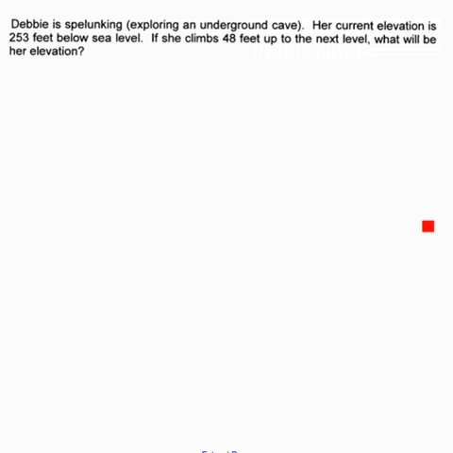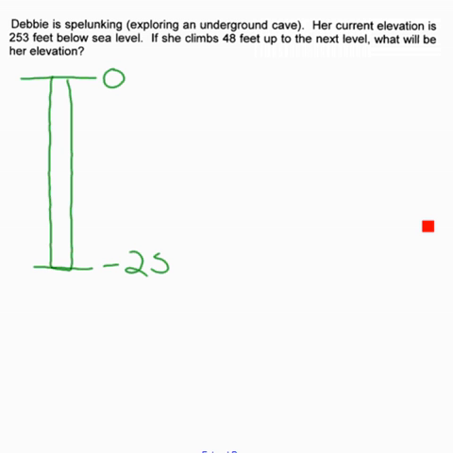So if you think of her in a cave, this is going to be ground level, which if we think of it as a number line, is 0. So she's at -253, and then she climbs up, so in the positive direction, 48. What will be her elevation?